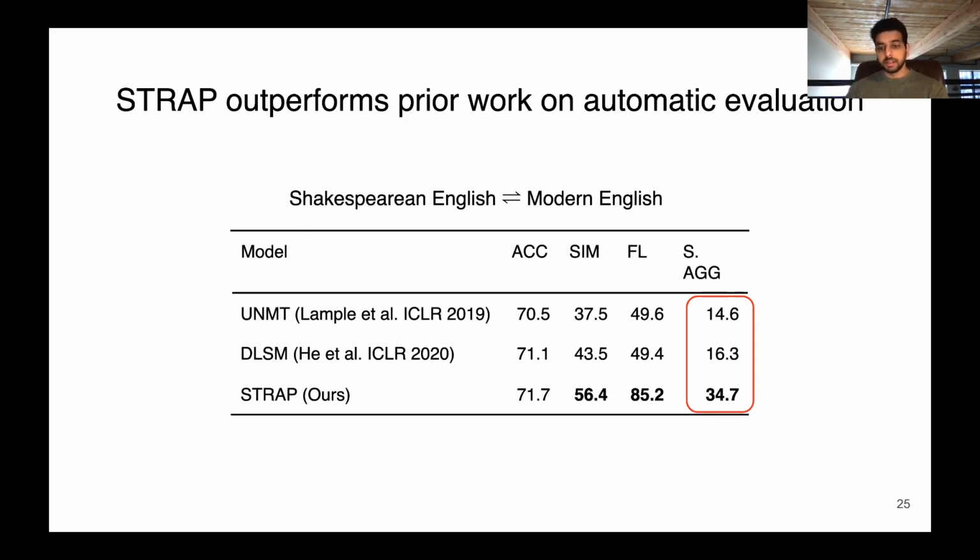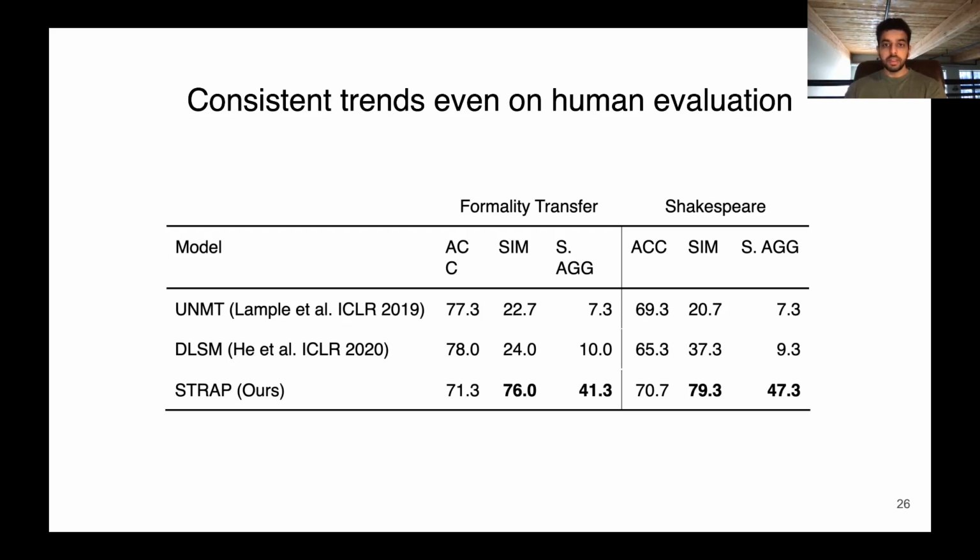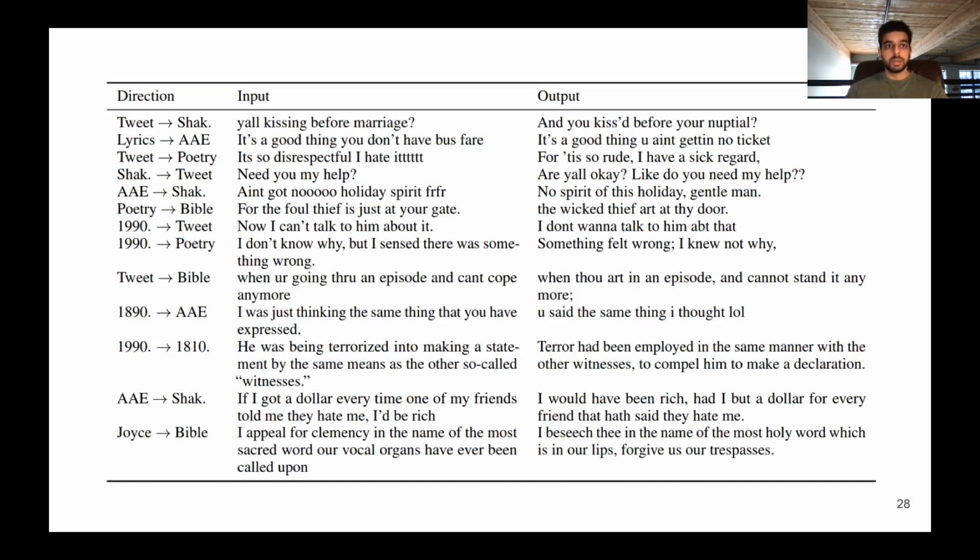Our model is significantly better here. We also do a human evaluation, so we ask humans to rate both the accuracy and the similarity here. And we see that our model is much better. In particular, most of its gains are coming from similarity, meaning that it's doing a much better job of paraphrasing the input sentence compared to the baselines, which don't really have any constraints to make their output as similar in meaning to the input as possible.